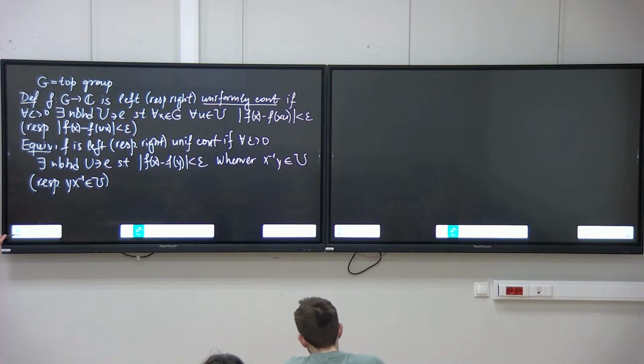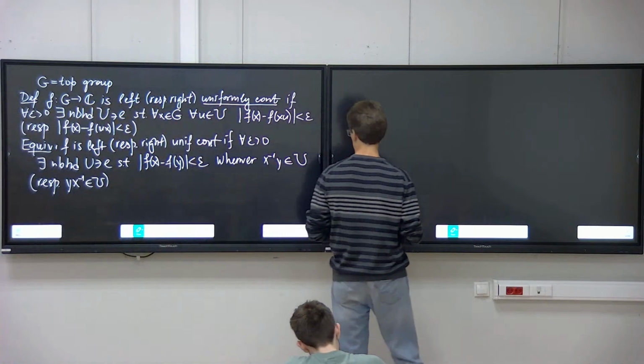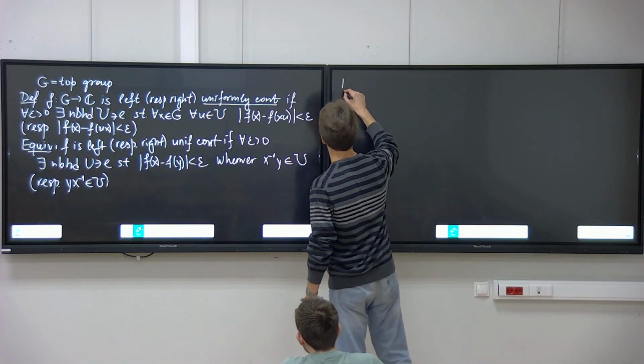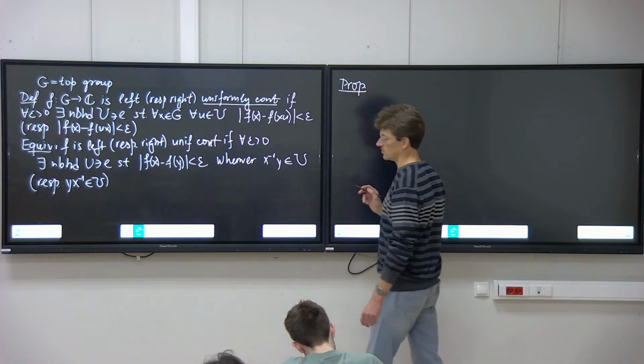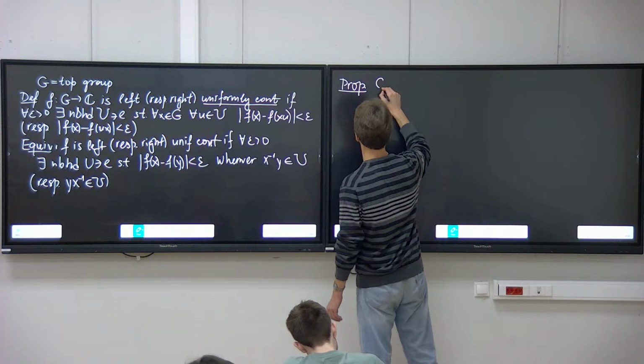Clearly, if our group G is just the real line, then we come back to the usual definition of a uniformly continuous function in the sense of the standard calculus course. So our first little goal for today will be to show that every continuous compactly supported function on a locally compact group is left and right uniformly continuous.